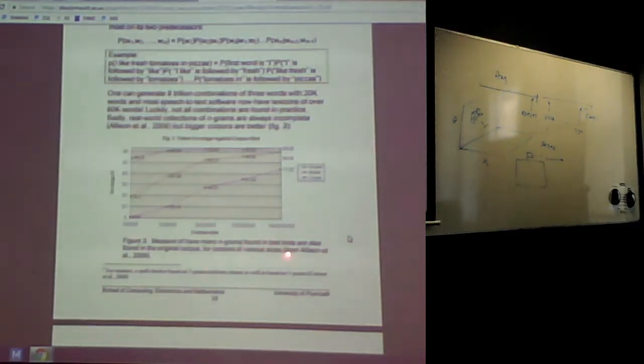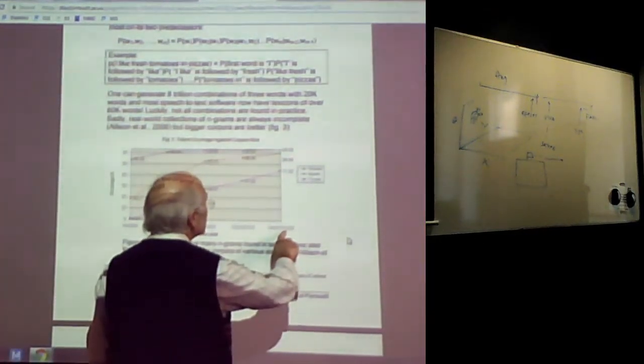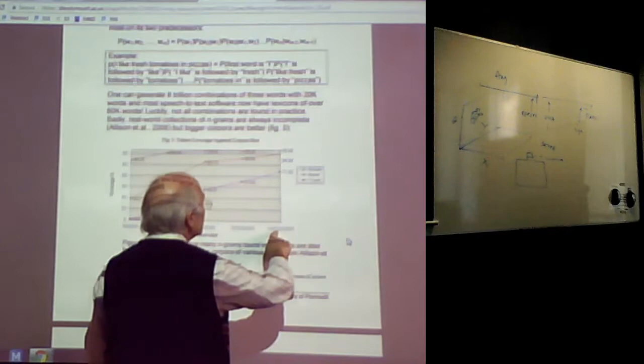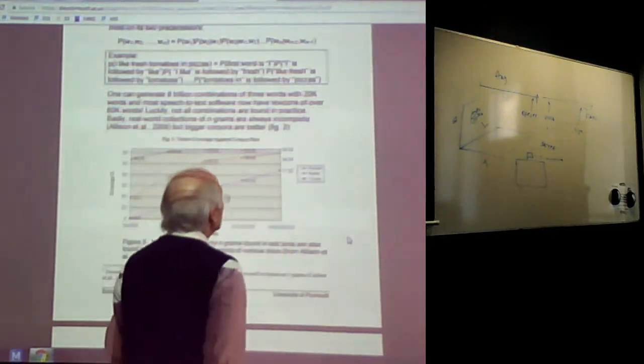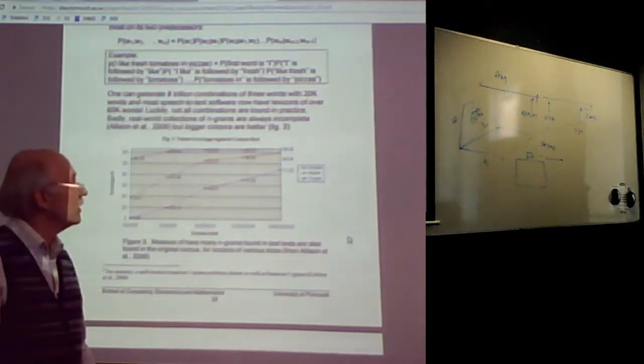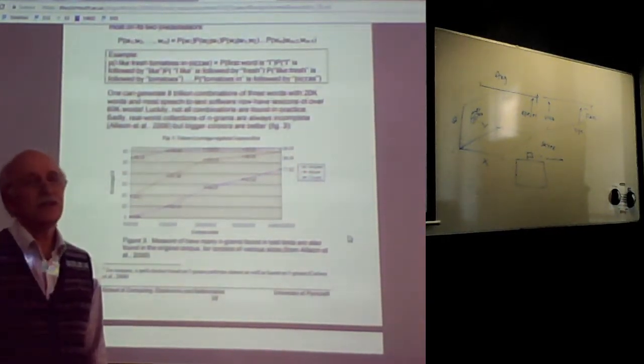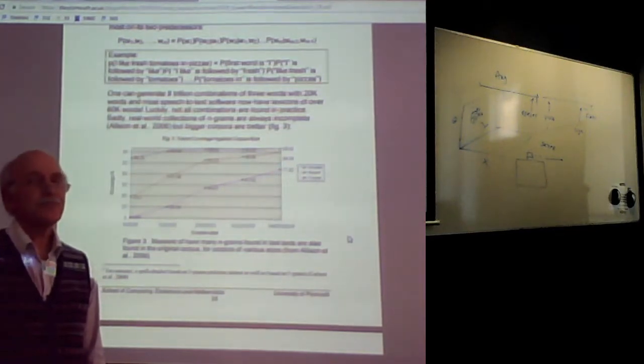Here you have 1.45 billion words, and still you only have 71% of the trigrams.